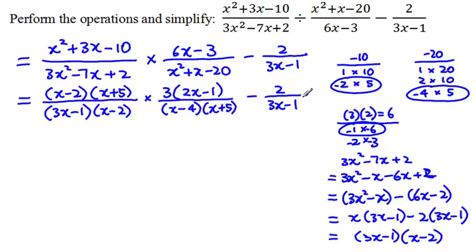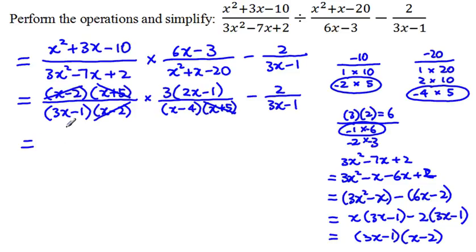All right, now let's take a look at the first two fractions. Do they have anything in common? Yes, we see that the x minus 2 can be canceled out. We also have one more, x plus 5. We can cancel out. So nothing else. So now let's see what happened.